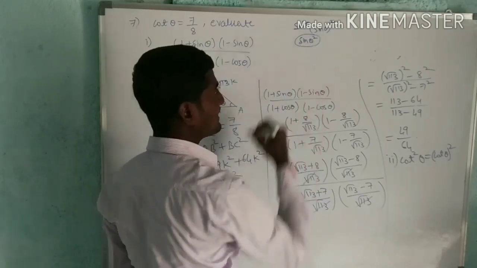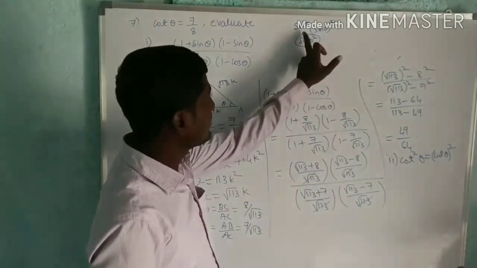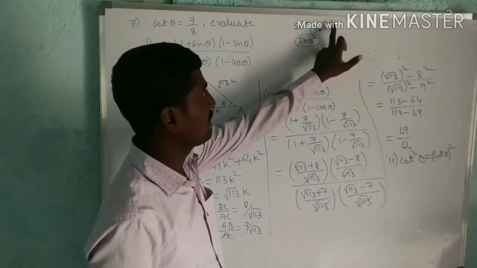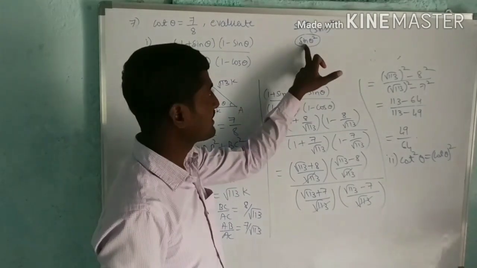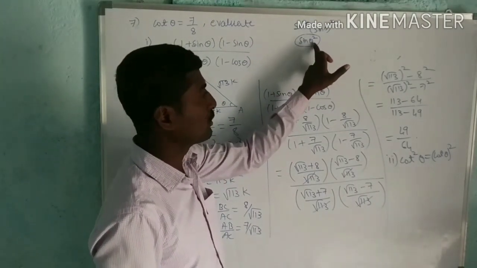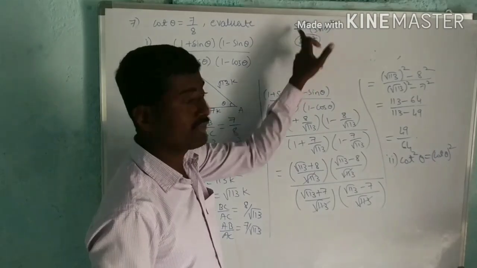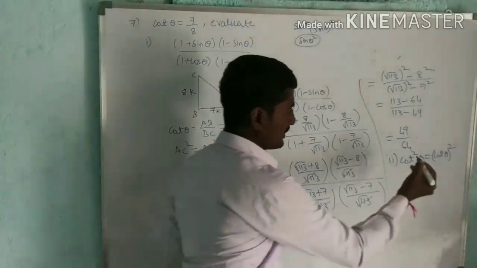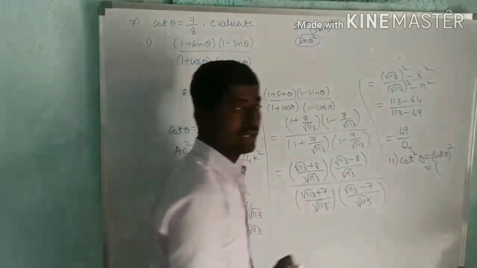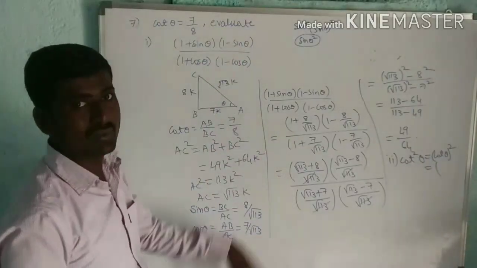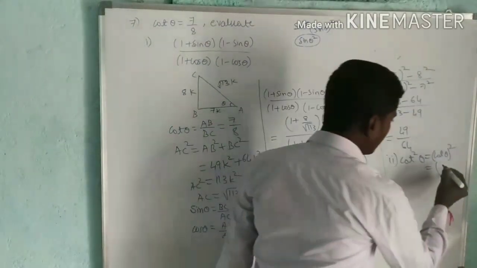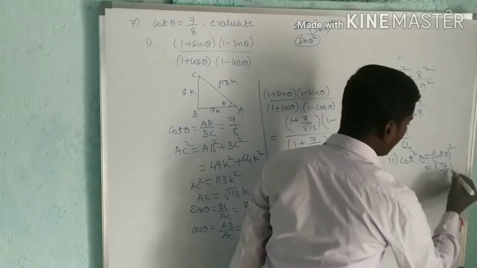This is different. Sin square theta and sin theta whole square are both the same. But in sin theta square, the square is only for theta, not for the whole function. Now cot theta value is already given, that is 7 by 8 whole square.